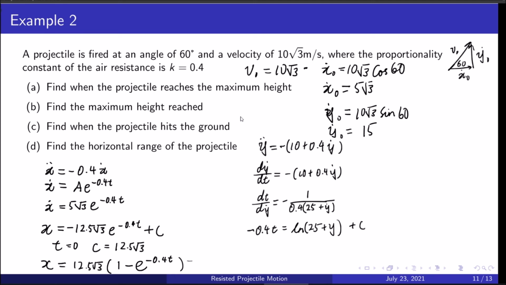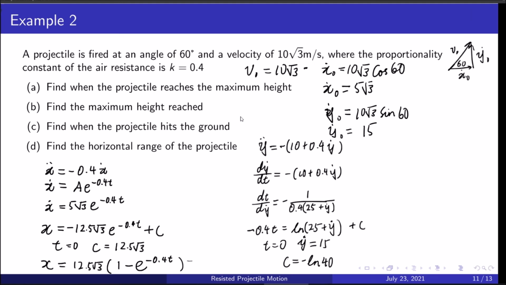Yeah. So when t equals 0, this part disappears, so y dot equals 15, that's our initial velocity. So that means c is negative log 40.